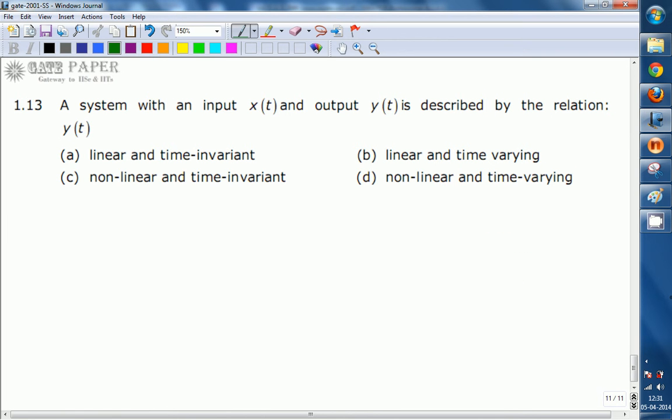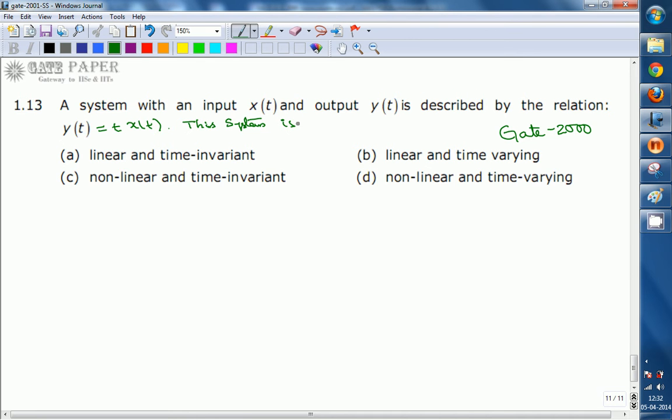We are going to discuss the question from signals and systems given in GATE 2000. Here, it is given that a system with an input x(t) and output y(t) is described by the relation y(t) = t·x(t).